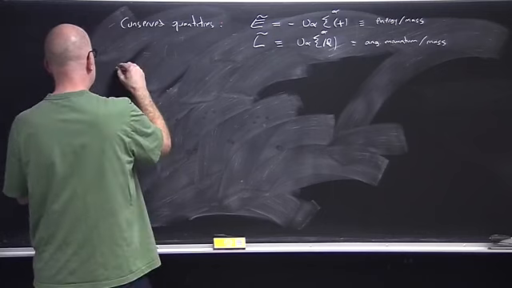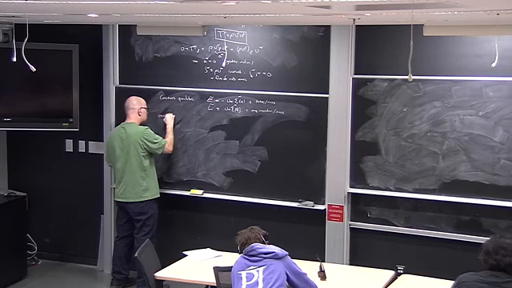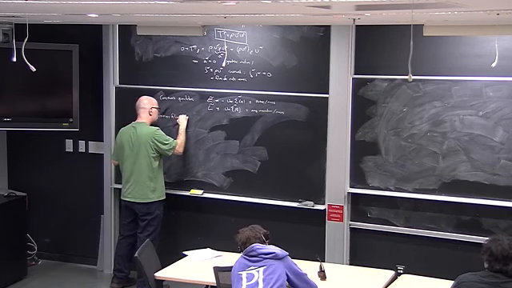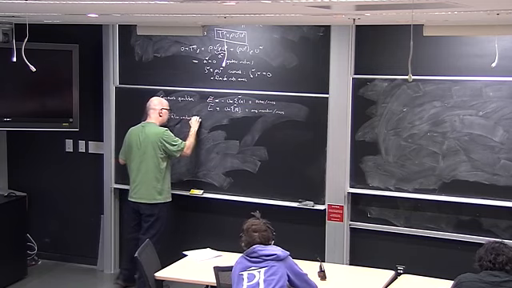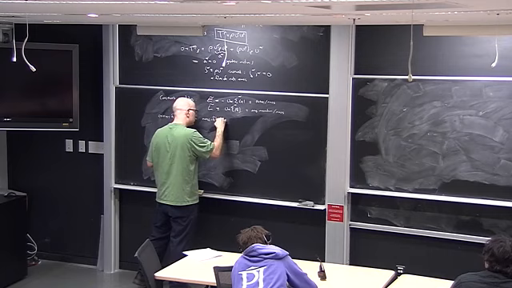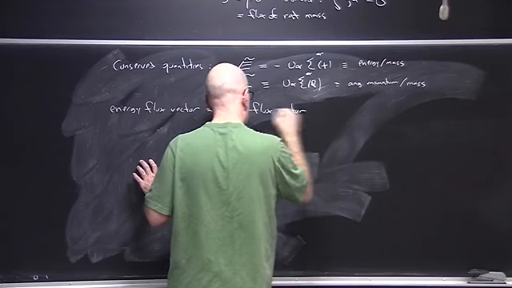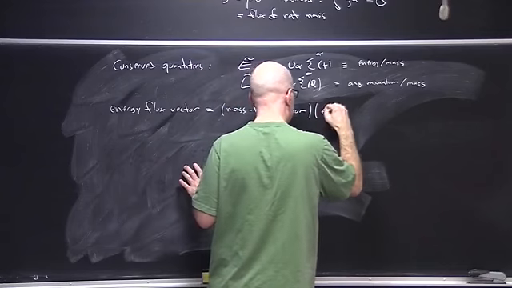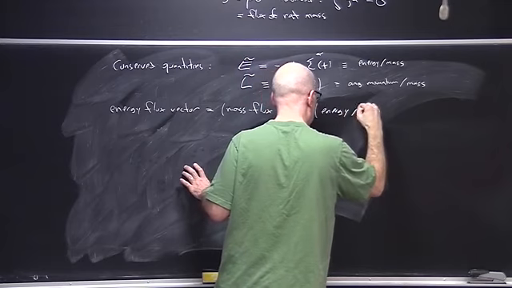So the energy flux vector will be the mass flux vector multiplying the energy per unit mass.